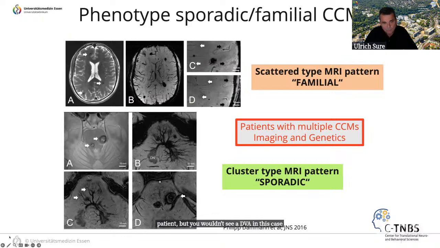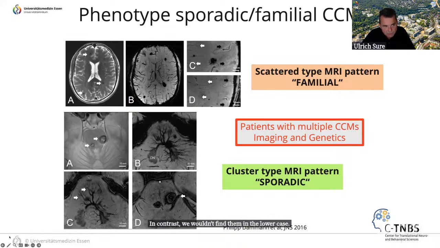Now, if we go into detail and check the genetic state, we would find in the upper patient one of the mutations in one of the known genes, CCM1, 2, or 3. In contrast, we wouldn't find them in the lower case.